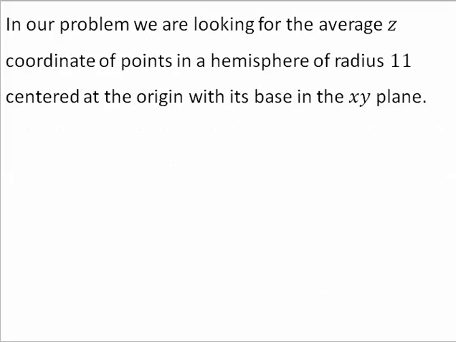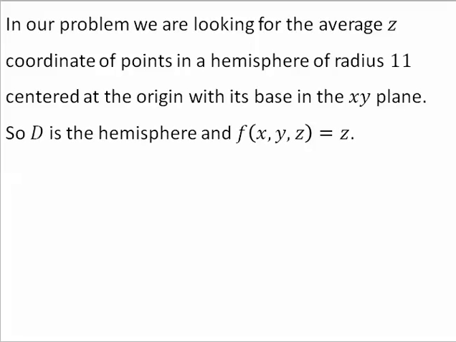In our problem, we are looking for the average z-coordinate of points in a hemisphere of radius 11 centered at the origin with its base in the xy plane. So D is the hemisphere and f is equal to the function z.